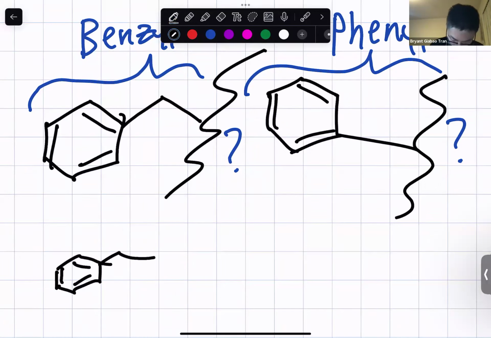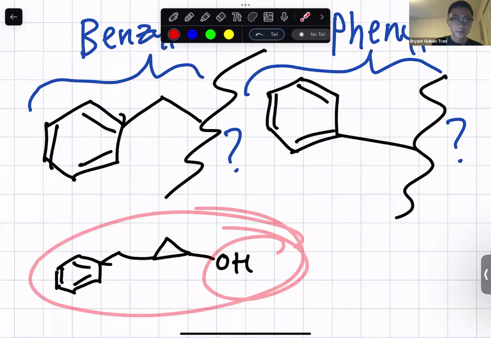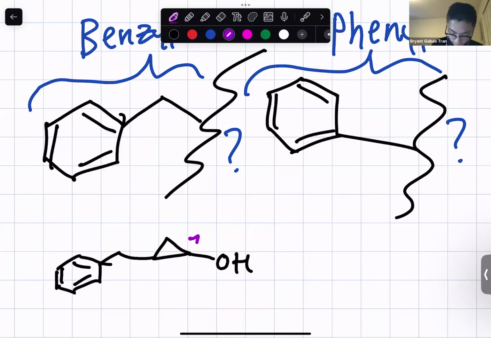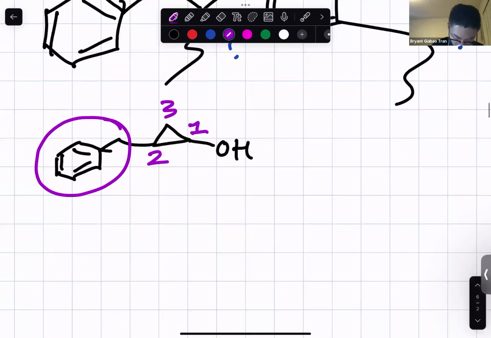Then we have that, and then we have cyclopropane, and we have alcohol right here. Alcohol has the highest priority group out of that whole structure. So this is our number 1 carbon here. This is going to be number 2 carbon because this is our next substituent. This is number 3 carbon. So this is 2-benzyl because we have a benzylic position here.